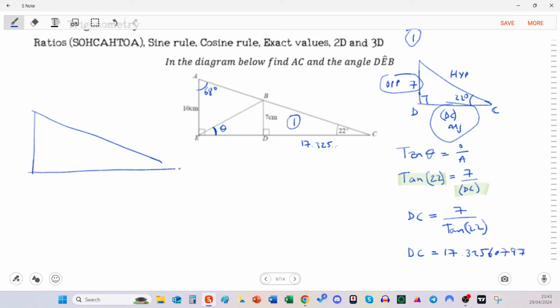I'm not going to give it a number because it's hard to see. I'm just going to give it the labels that are its vertices and fill in the details I know. So I've got 22 this time. I've got 10 up here. And my aim would be to find again the bottom. So this is a repeat of the previous. We're finding EC, which is the adjacent.